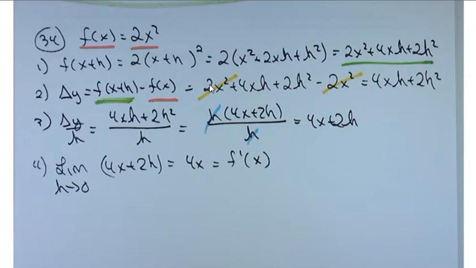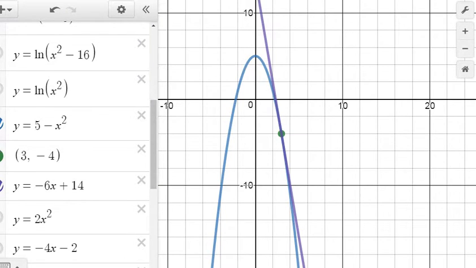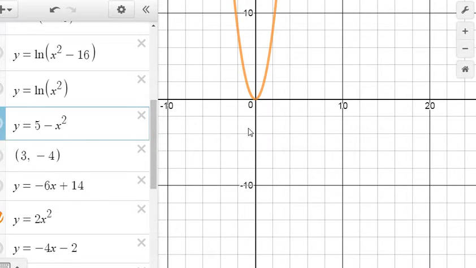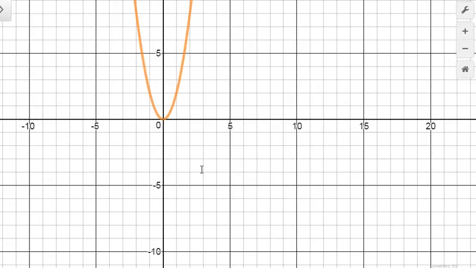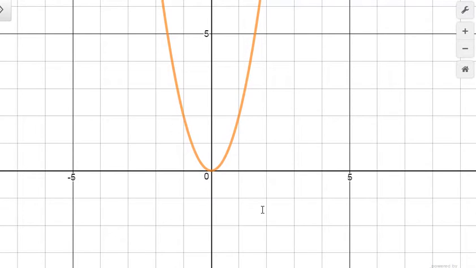So let's take a look at that function real quick. I got to change it here. So let's ditch these and look at y equals 2x squared. Let's find the slope of the tangent line, say, at x equal 1.